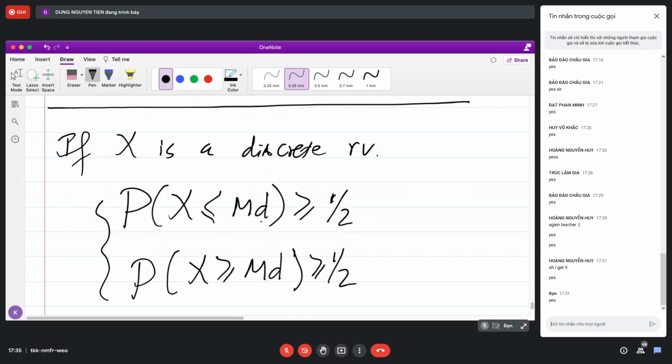So if you can find that point, then that point is called the median of the random variable.